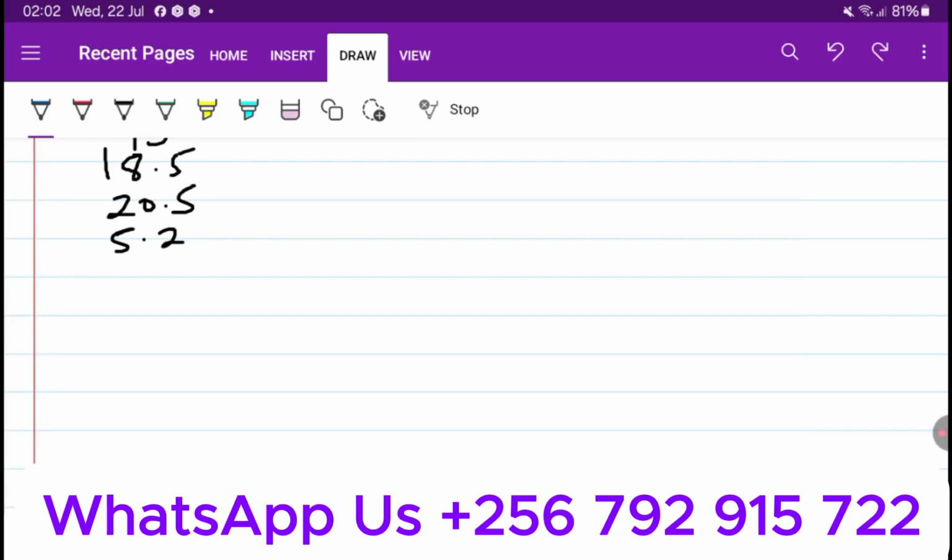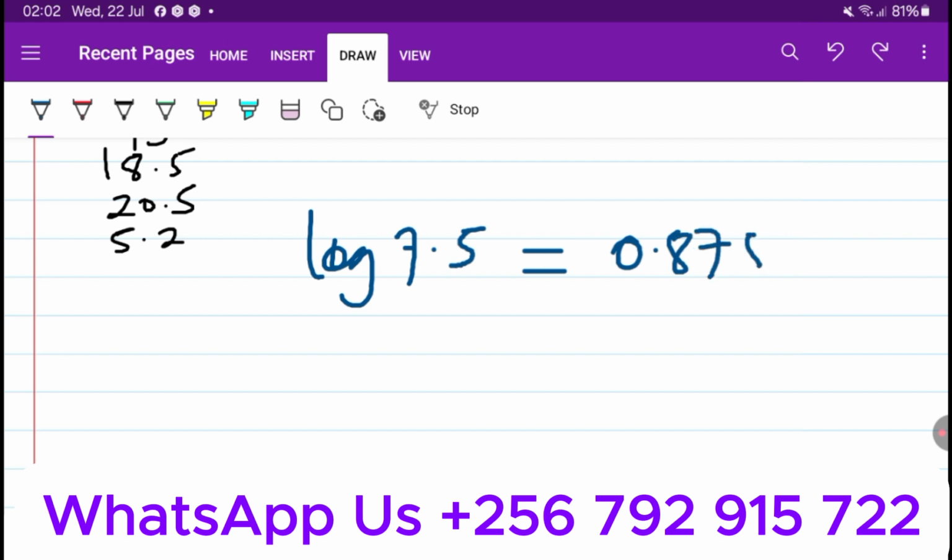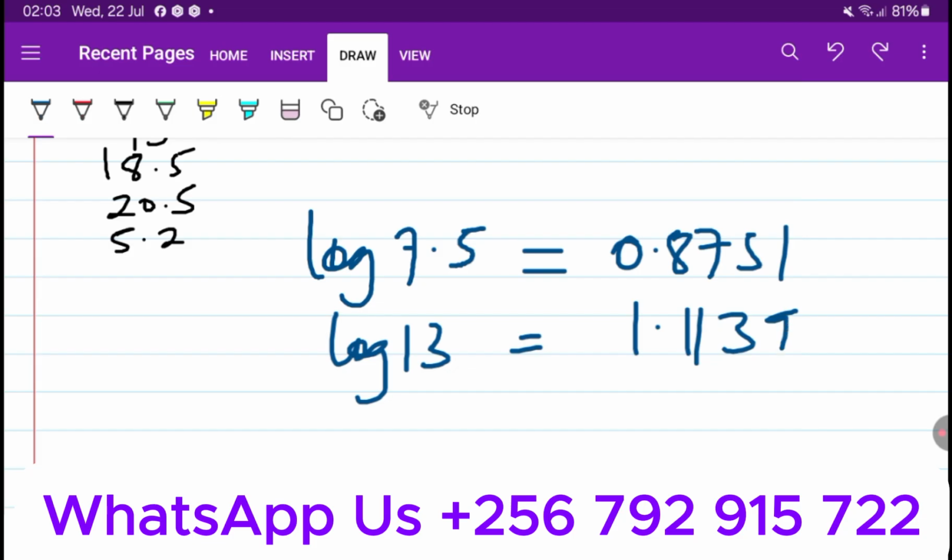So what you are going to do, you place log of on your calculator, then you place 7.5. This will give you 0.8751. Then you place log 13, that will give you 1.1139.